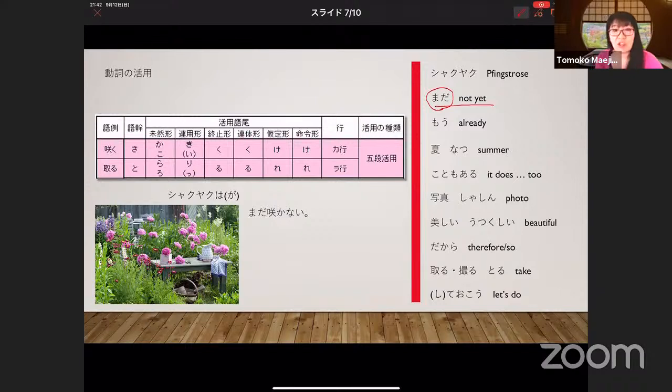Then you conjugate with ます, but in this case, just make it past form. The flower 芍薬 has bloomed. So shakuyaku wa sakimasen. Sorry, masen is a negative. Mashita.